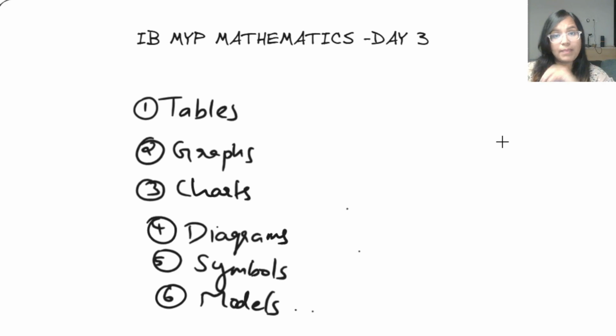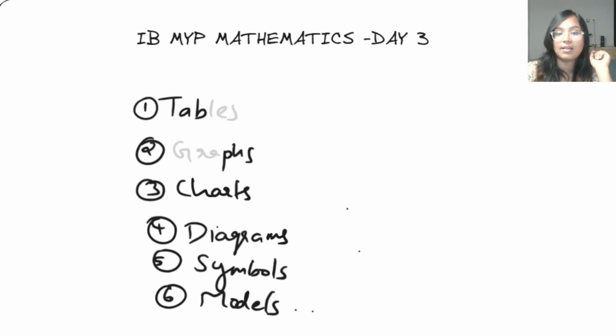You could write a paragraph or you could draw a graph. Sometimes a graph communicates information much more effectively. That's why IB encourages students to use multiple types of communication.